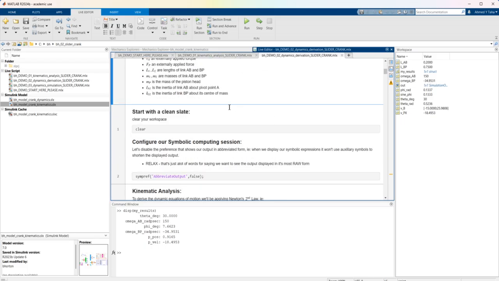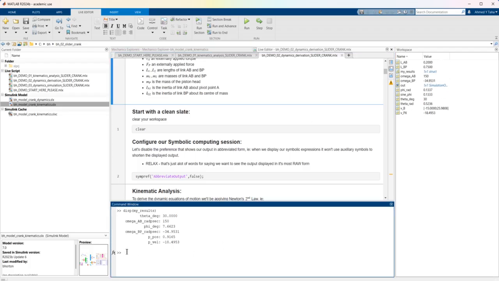First we can clear that by typing clear. And if you'd like to clean the command window as well, you just type CLC.